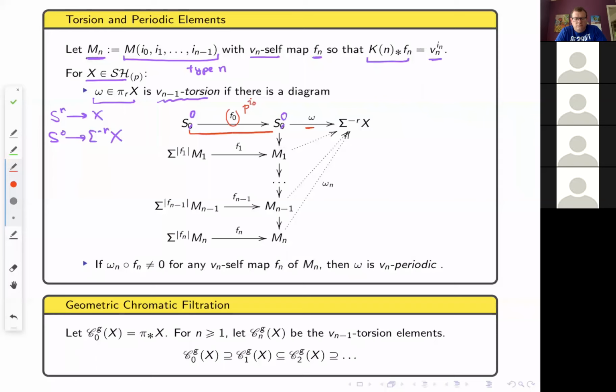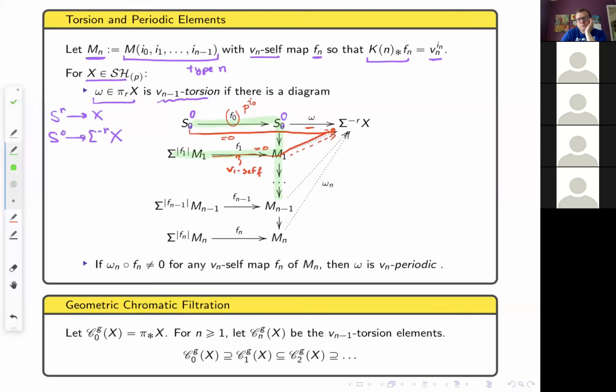So if this composite is 0, so if it's null homotopic, then this thing here is a cofiber sequence. So if the top composite is 0, then it extends to here, to M1, which is a type 1 spectrum, so it has a V1 self-map. Okay. And again, if you can find a power of a V1 self-map such that this composite is 0, then it extends over the cofiber.